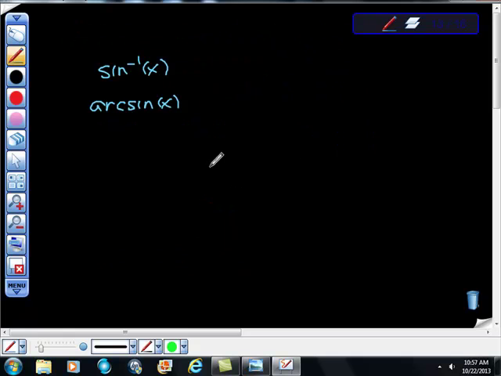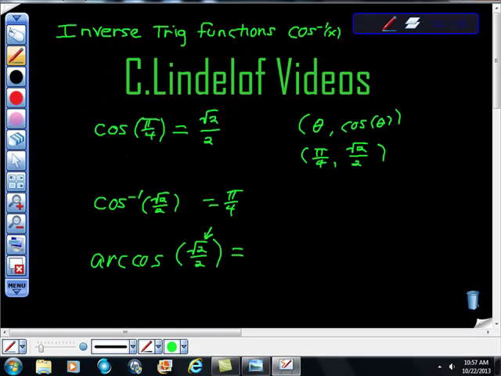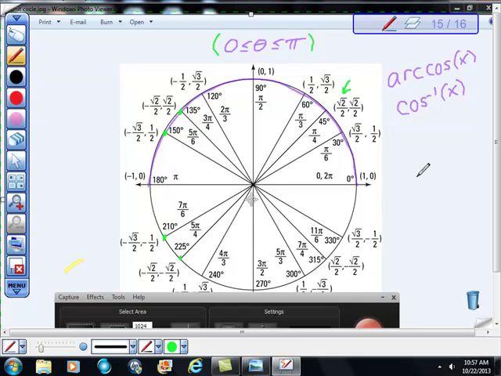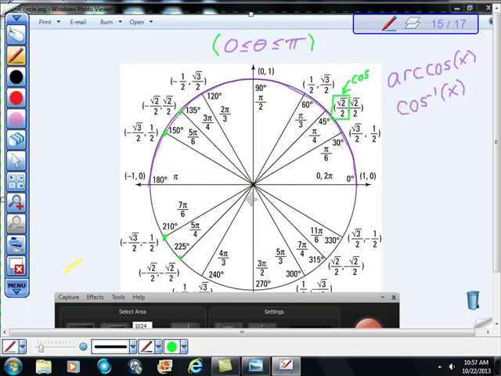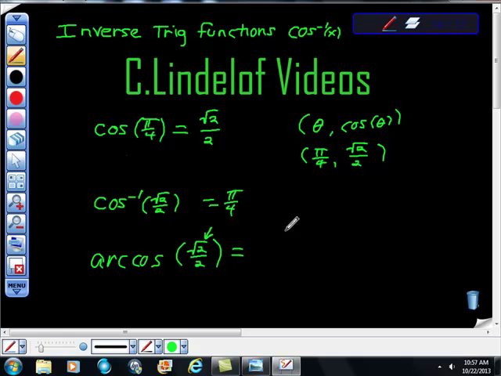I'm going to start up here on the unit circle and stay inside this purple band right here. And here it is right here. This is the cosine value. So if the cosine value is square root 2 over 2, then the angular value must be pi over 4.